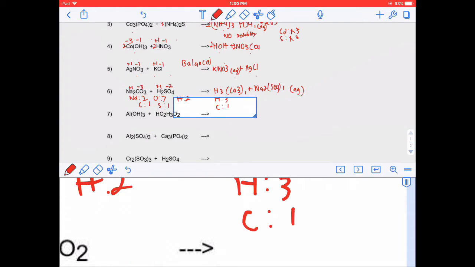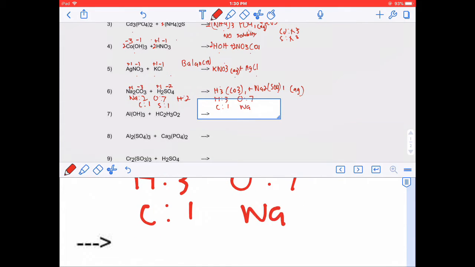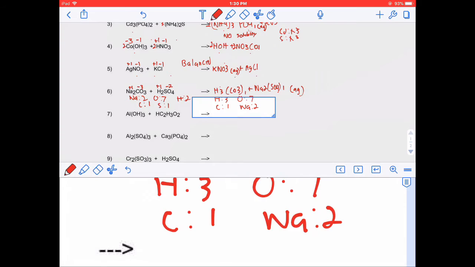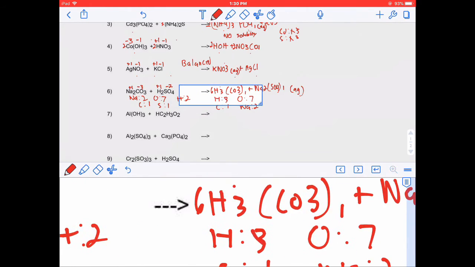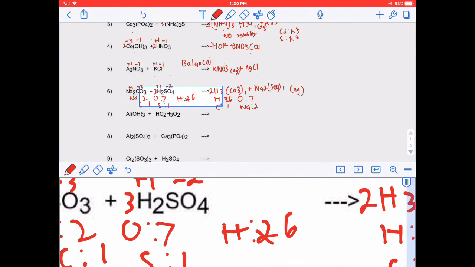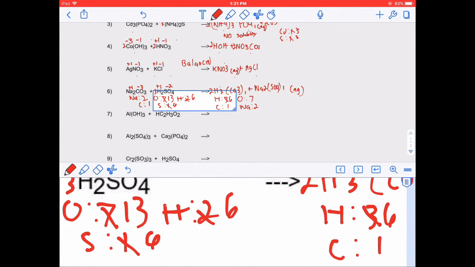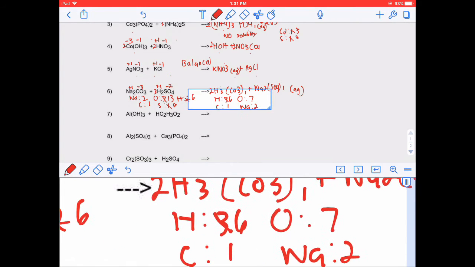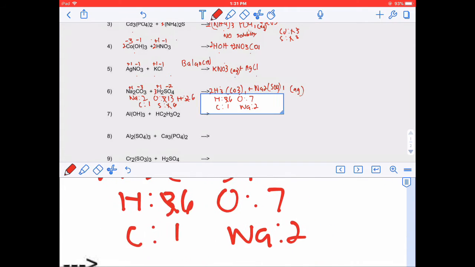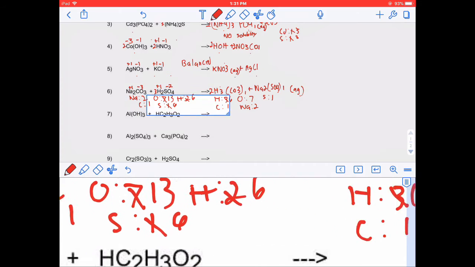According to the chart, the Na2 and the SO4 are aqueous, but the other one doesn't say anything, so that's why I left it as it is. Here I'm just balancing it out. I put a 2 in front of the H3. Just working out the problem now.